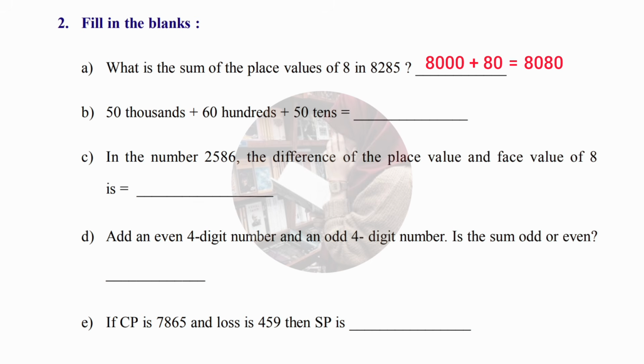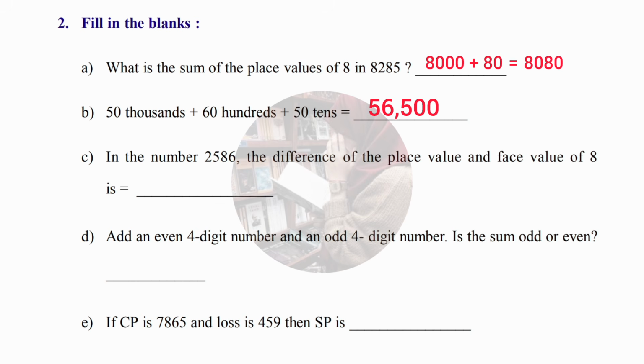Then we'll get 8,080. Okay, this is the answer. Let's see the second one, which is 50 thousands plus 60 hundreds plus 50 tens is equal to. Write down firstly 50,000 in numerical form, then 60 hundreds, then 50 tens. You will get the answer as 56,500.